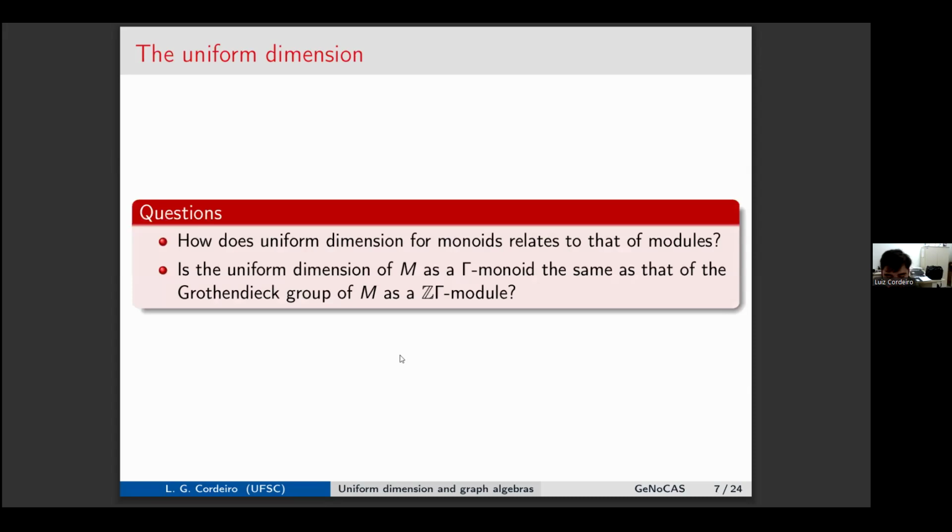I mean for a module over a ring. Yes. Okay. So we are in a quite different context, right? A module over a ring has an action of the ring on a group, and we have a group acting on a monoid.